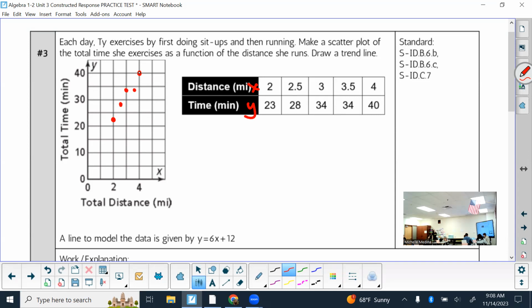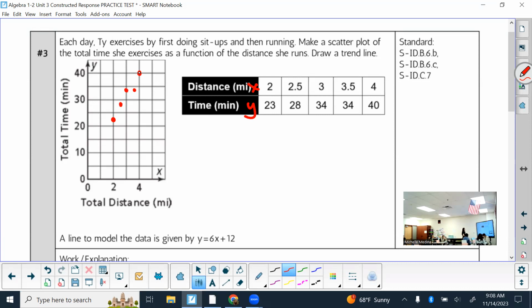What's the criteria for a good line of fit? It has to go above, middle, or under the data. Has to go through the middle of your data where the points seem to be clustered around it.